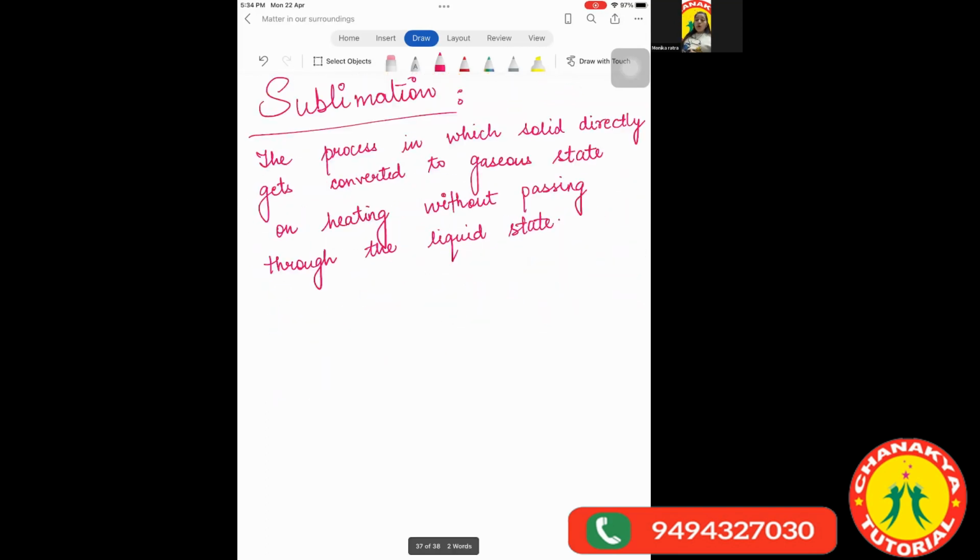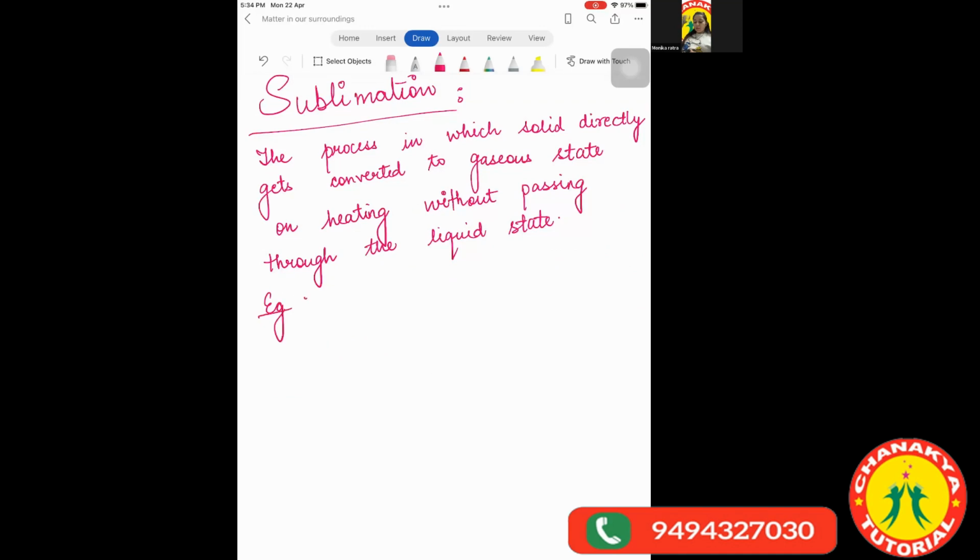So you have to remember all the examples because each and every example is equally important. The first one is solid carbon dioxide, which is also known as dry ice, because generally the question in this manner is asked from you, which amongst the following does not undergo sublimation, or which amongst the following undergo sublimation. Solid carbon dioxide. Then next we have ammonium chloride. Then naphthalene balls, which you keep in your woolen clothes.